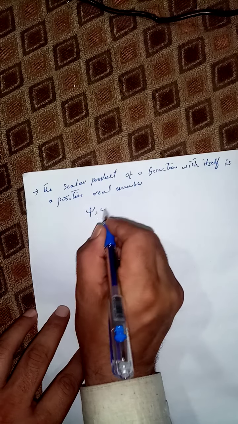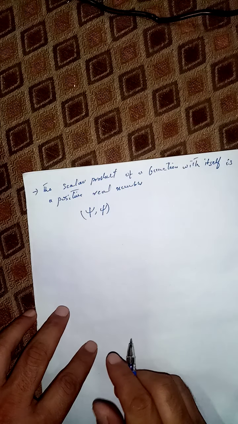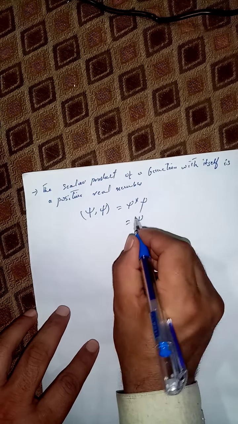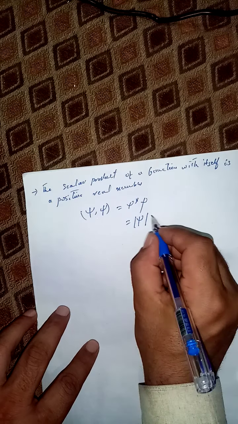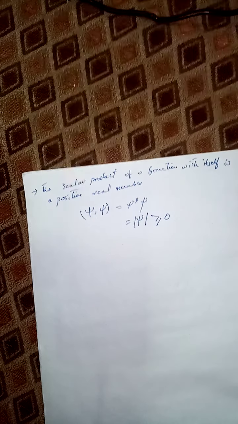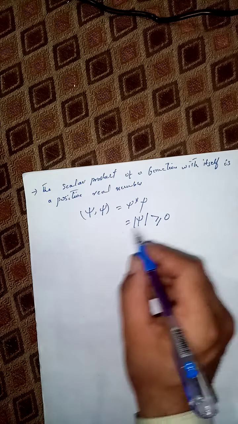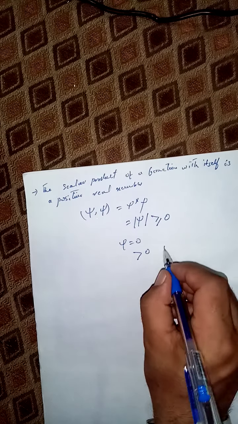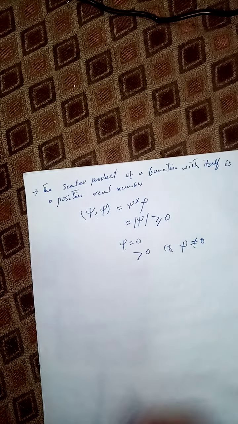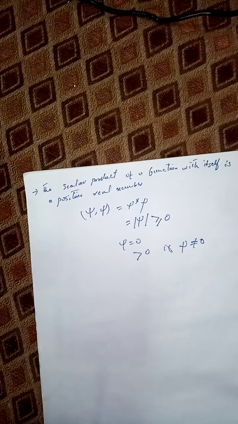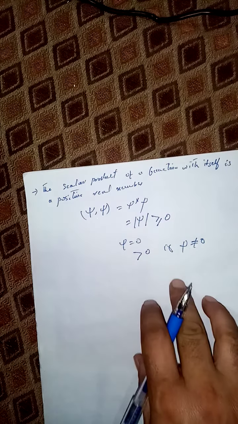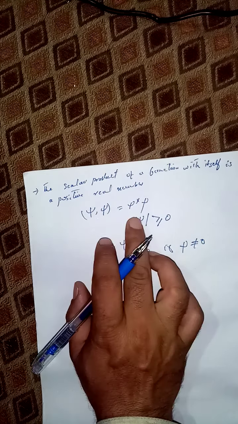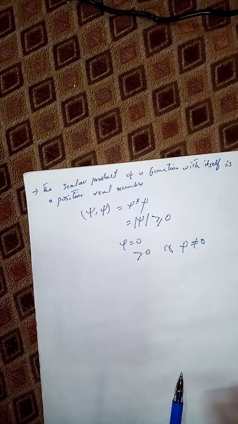If we take the scalar product of ψ with ψ, we get ψ* ψ, which we normally represent by the magnitude of ψ squared, and this is always equal to or greater than 0. It is equal to 0 if ψ is equal to 0, and it is always greater than 0 if ψ is not equal to 0. This property tells us that the scalar product of a function with itself is always a positive real number.